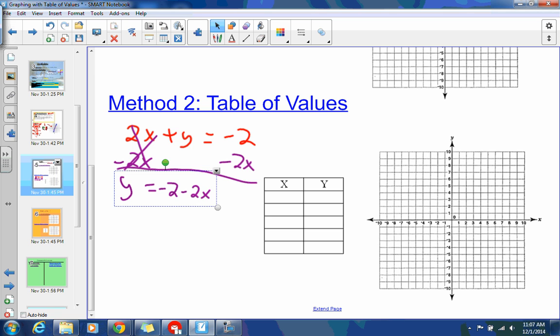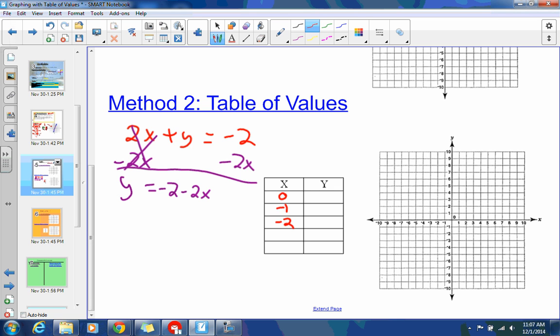Let's pick 3 random values for x. We'll use a couple negatives. Let's do 0, -1, -2. You could pick other values. I'm just picking 3 random ones that seem like might work out nicely.